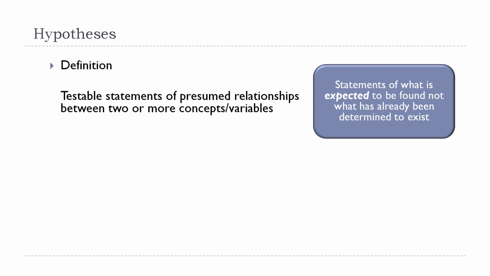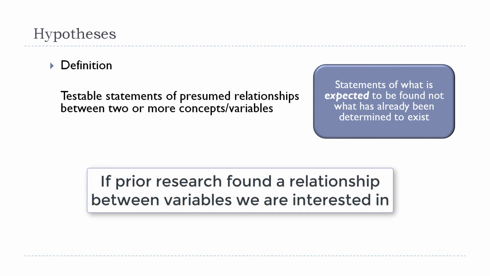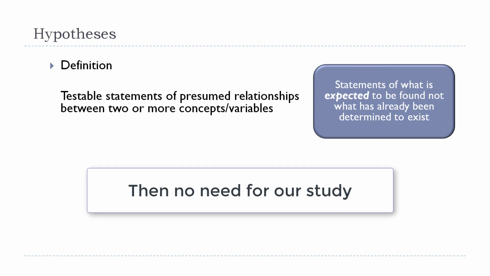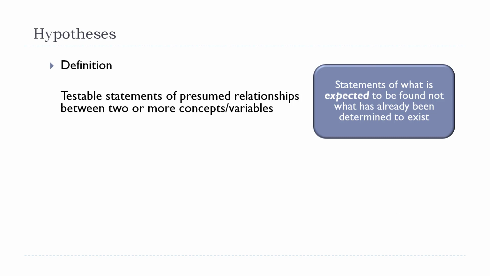Well, it means that if prior research has found that a relationship exists between two variables, then we don't necessarily have to do a study to see if that relationship exists. We don't need to hypothesize that that relationship exists because the prior studies found that it was the case. So hypotheses are testable statements of what we think a relationship might be between two variables because there isn't enough information to know for sure if that relationship exists.